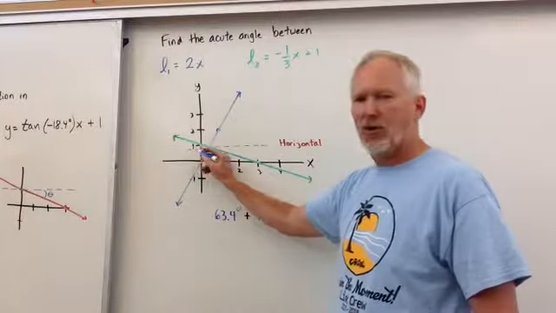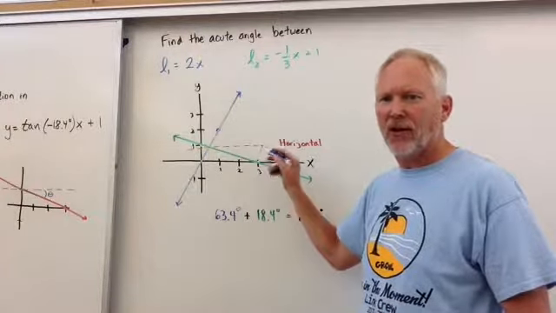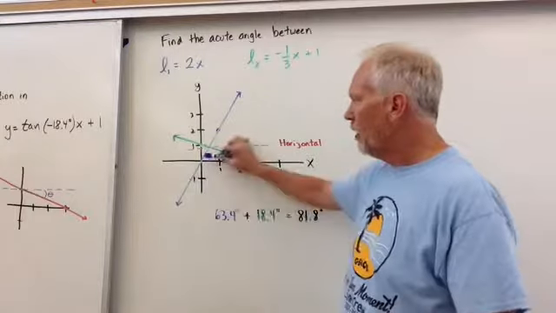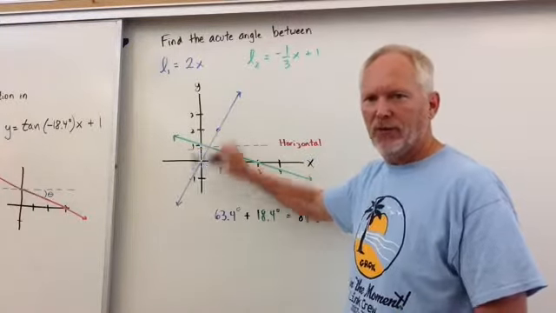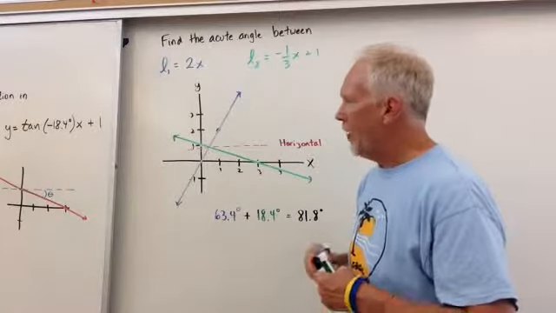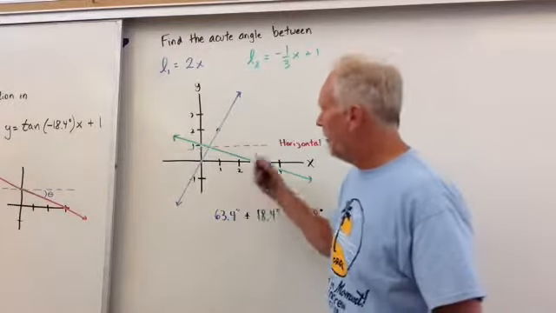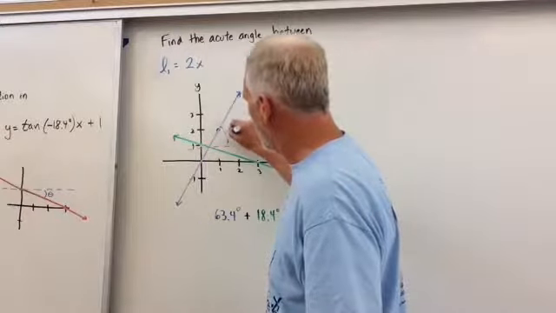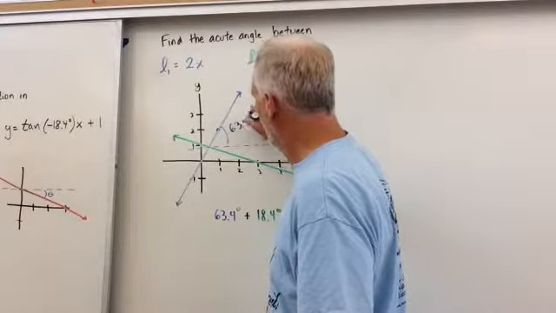What I did here is draw a horizontal dashed line to represent a new x-axis, if you will. From example number 1, we found that the angle there was 63.4 degrees.